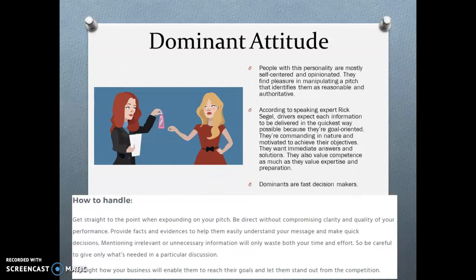Mentioning irrelevant or unnecessary information will only waste both of your time and effort, and they will not appreciate this. So be careful to give only what's needed for a particular decision. Highlight how your business will enable them to reach their goals and let them stand out from the competition.